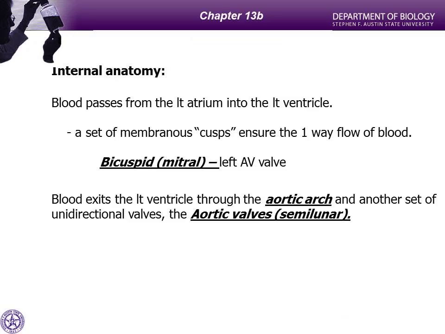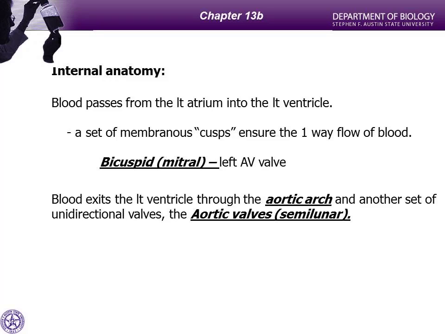Now, what I want to point out here on the left side, and I kind of skipped over it on the right side, but since you're closing off the atrioventricular canals, blood can't go into the atria, blood has to get out. The right side, it's going to go into the pulmonary trunk. The left side, it's going to go into the aortic trunk.